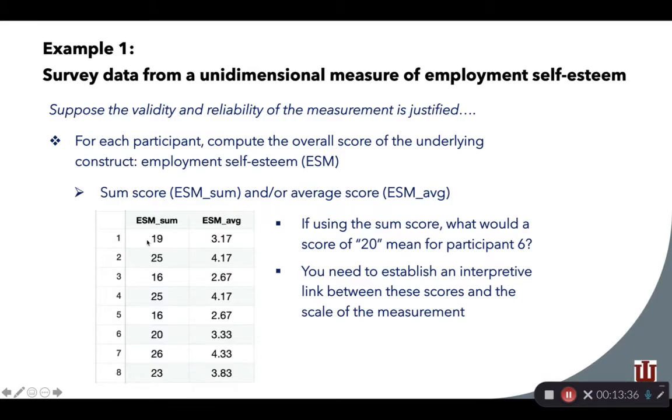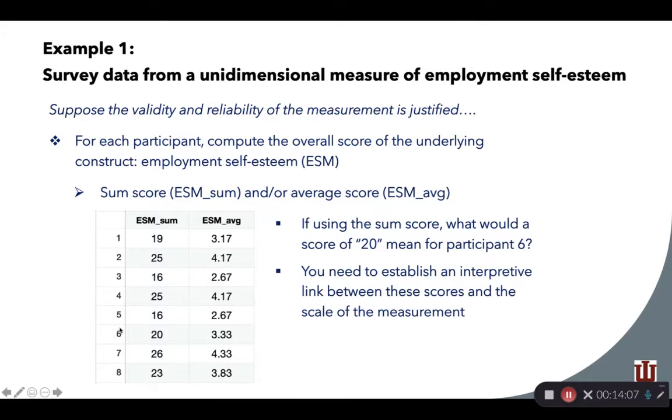So sum score and average score are just mathematical computations, but some considerations will arise too. For example, if you're using the sum score, then what would a score of 20 mean for participant 6? Because remember, the measurement scale of each question is a 5-point Likert scale. And the overall measure is employment self-esteem.